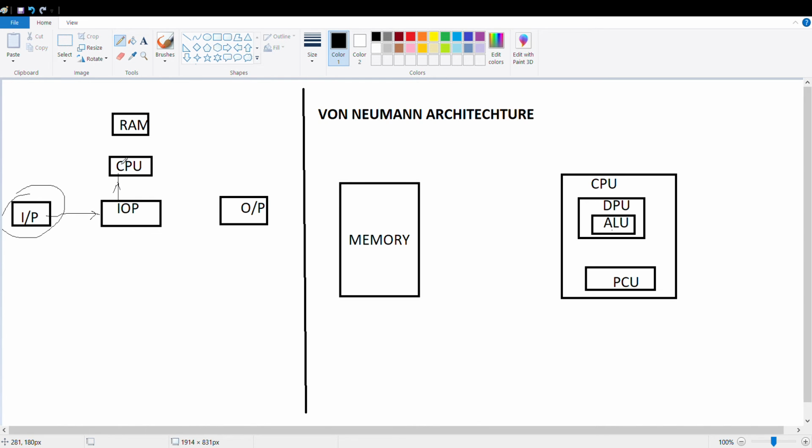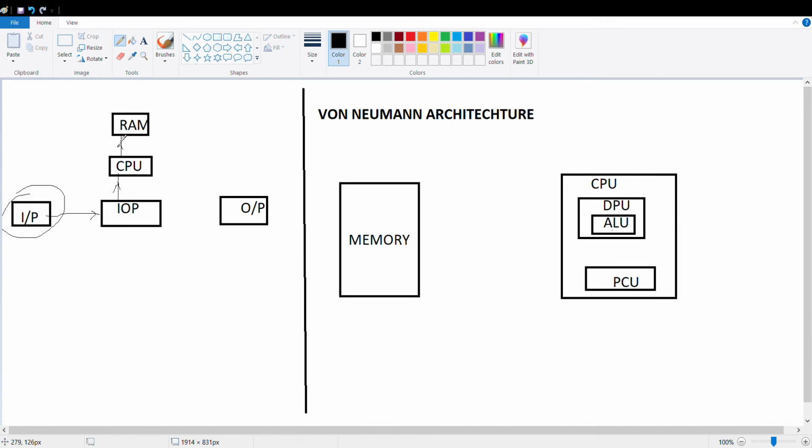And this central processing unit consists of registers, and these registers will send the information to the random access memory, which will be storing the information in binary format, and the information will be retrieved from here.